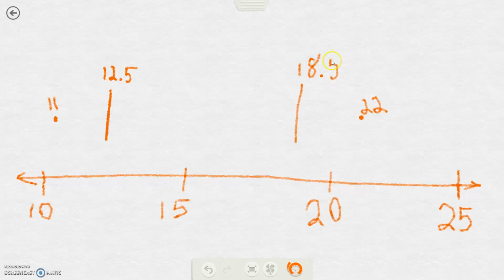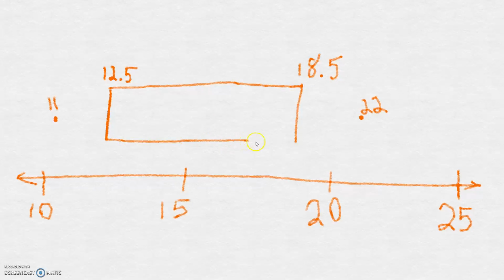Okay, and then we're going to need to connect these lines at their endpoints. And so if you know the name box and whisker plot, this is the actual box. And then inside of this, we're going to need to put our median, and it's going to be another vertical line. It's going to go at 15.5.